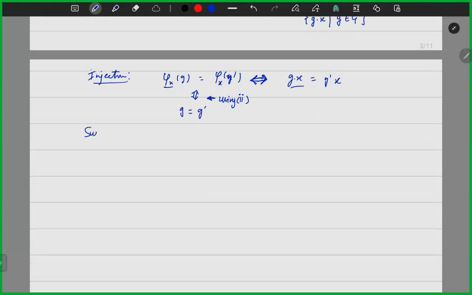For surjective, what will we do? Surjective. Any element of Gx, let some element y belongs to G dot x; we will show a preimage through phi x.